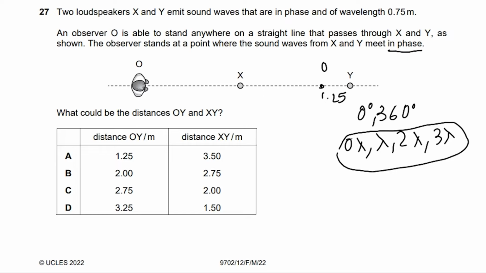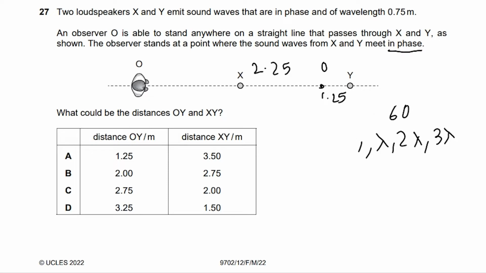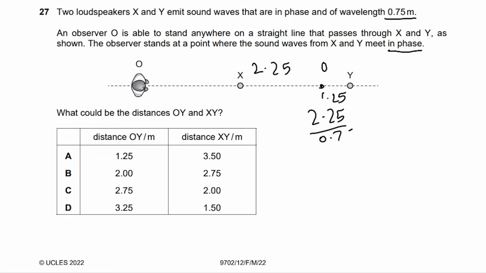So the distance OX is 3.5 minus 1.25. The distance OX is 2.25 meter. Now the wavelength is 0.75 meter.